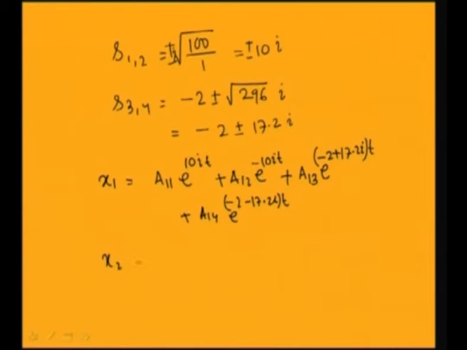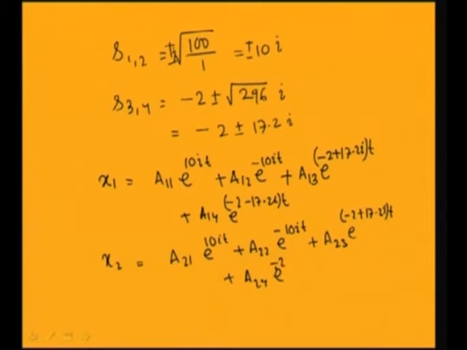Similarly, x2 can be written as a21 e to the power 10 i t plus a22 e to the power minus 10 i t plus a23 e to the power (minus 2 plus 17.2 i) t plus a24 e to the power (minus 2 minus 17.2 i) t.